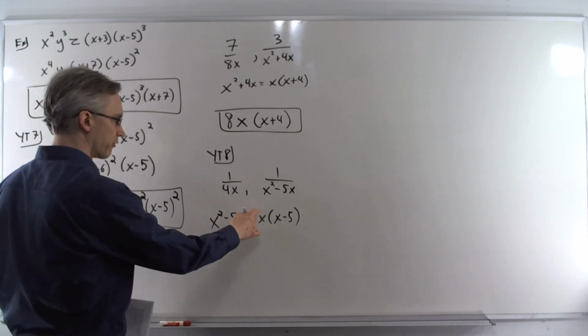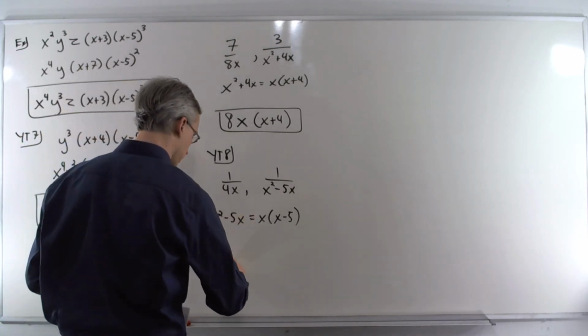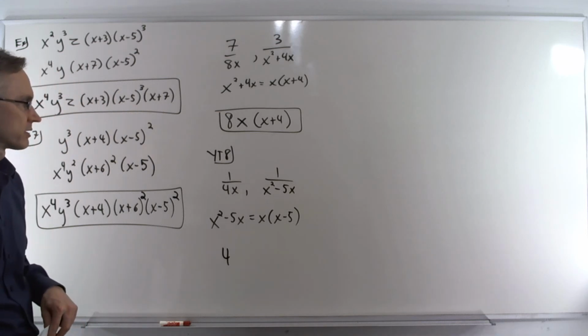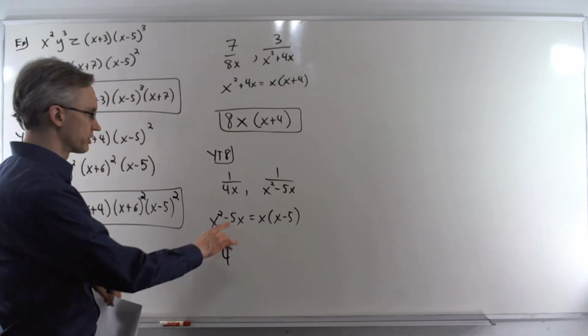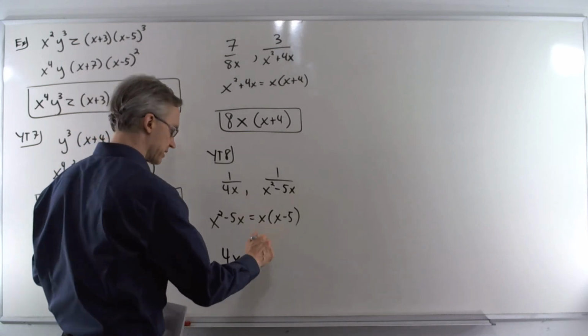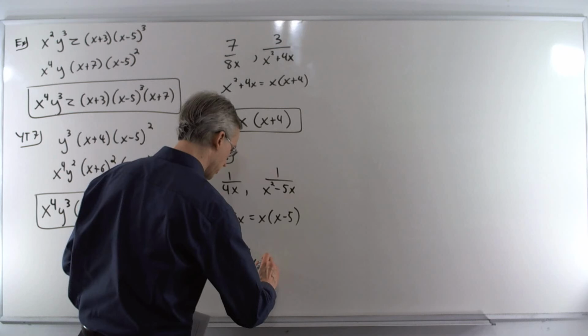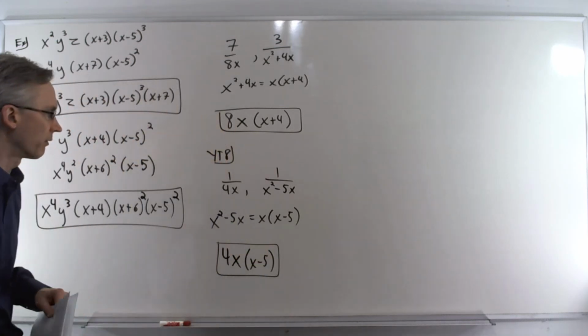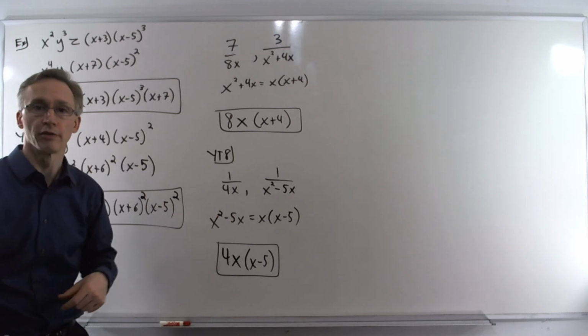So again, we've got a coefficient of 1 here and 4 here, so we're going to get 4 for the coefficient of the LCD. We got 2 x's, they're both to the first power. And we have x minus 5, also to the first power. So that's 4x times x minus 5. That would be the least common denominator of those two fractions.